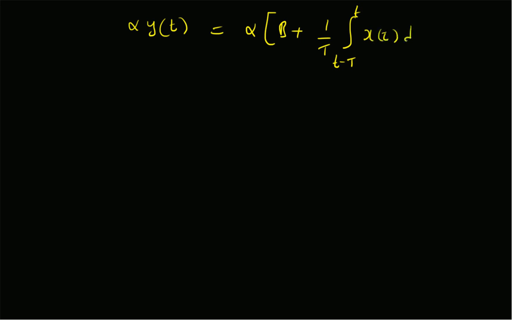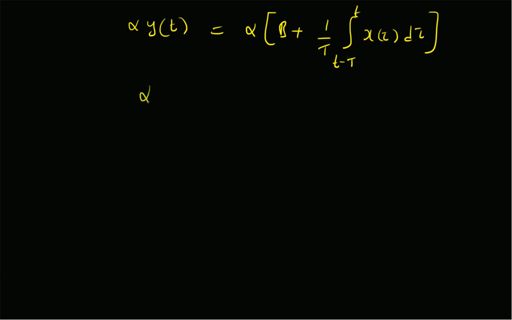Now consider the output expected for a linear system, alpha times y(t), which is alpha times b plus the average.